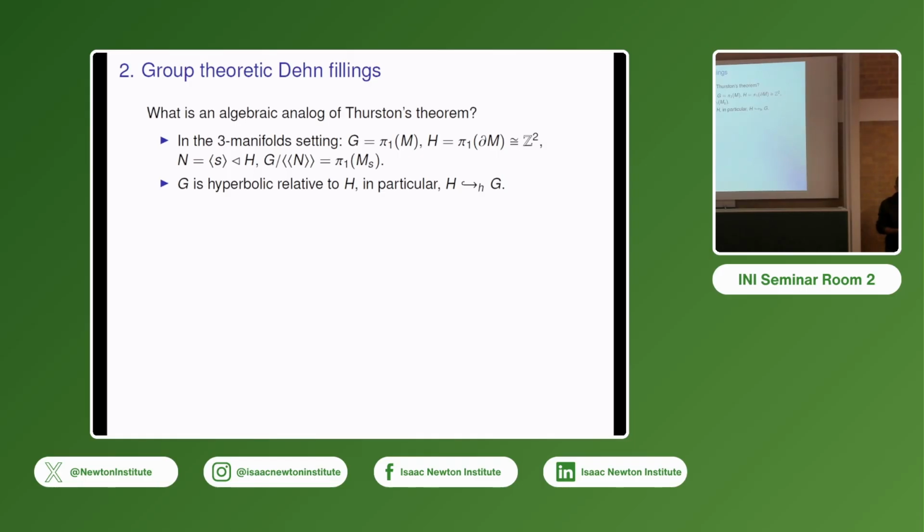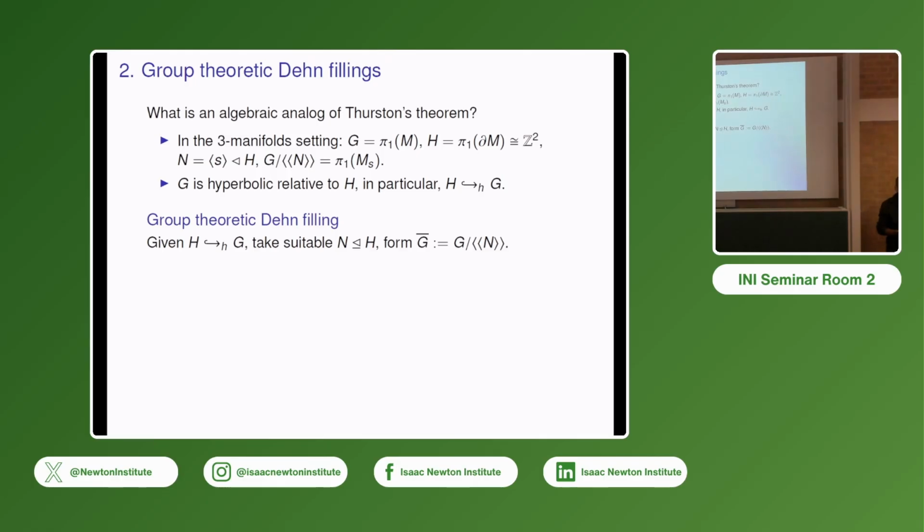So for everything I will say today, one could say that a group theoretic Dehn filling is whenever you have a hyperbolically embedded subgroup, just think about G being hyperbolic relative to H, then you take a suitable N, which is normal in H, and form this quotient group, G mod the normal closure of N in G, and that we call the group theoretic Dehn filling.